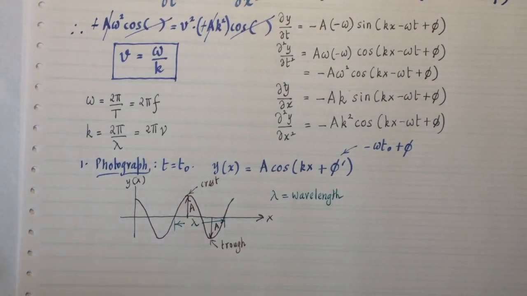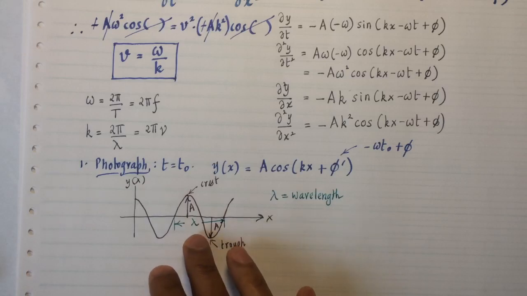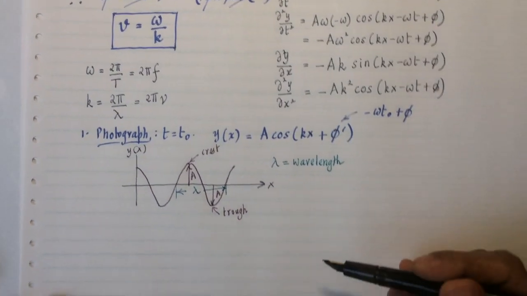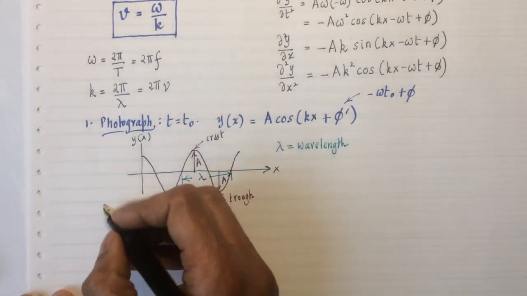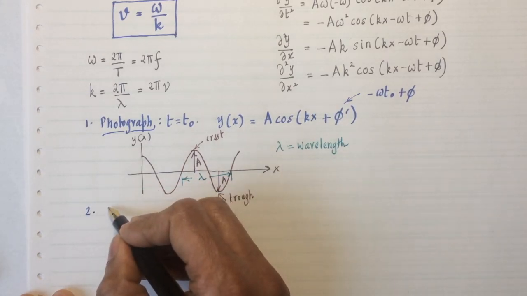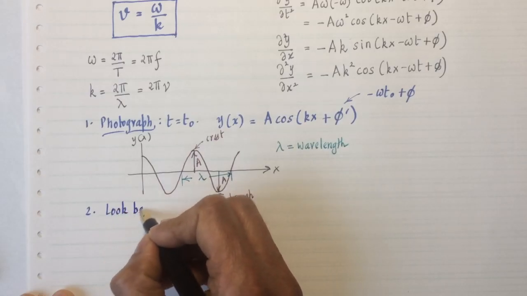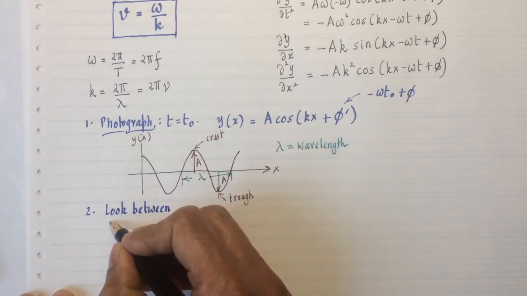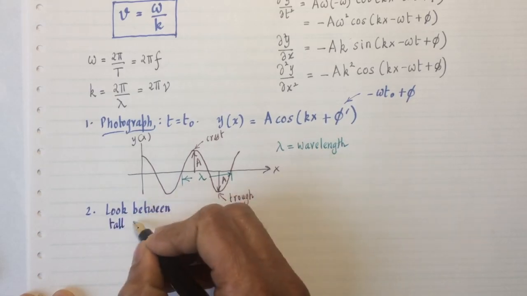So far I've been able to get the wavelength and the amplitude by looking at the photograph of the wave. The second way of looking at the wave is to get rid of the x and keep the time. Here I think of it as looking at the wave between two tall buildings. Imagine you're going to a built-up ocean resort and there's very little space.